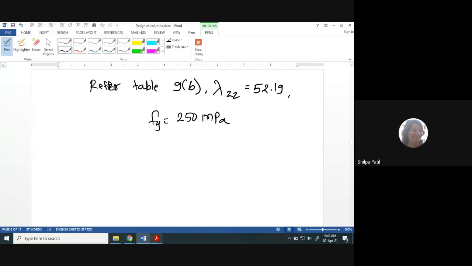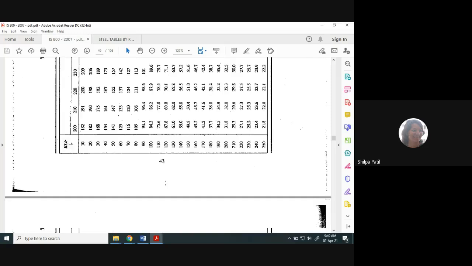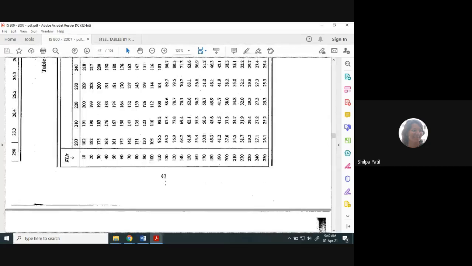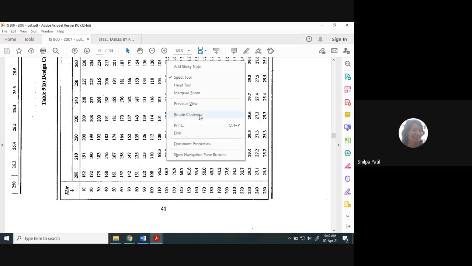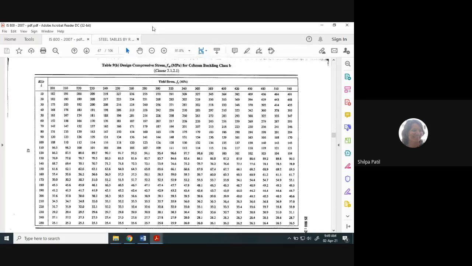Okay, so let us go to the IS 800 table 9B. Table 9B, this table, which is given on page number 41. Refer this table. Our ratio means the slenderness ratio is 52 something.